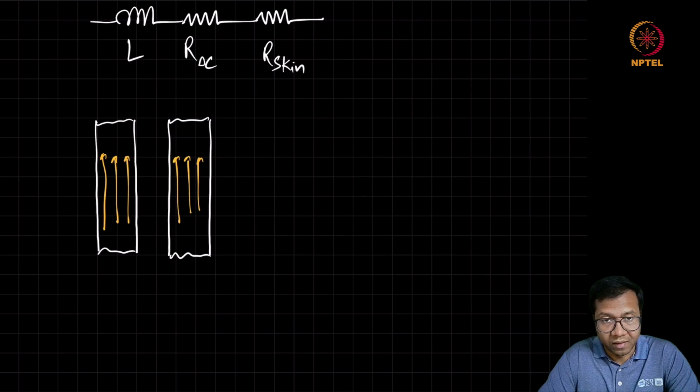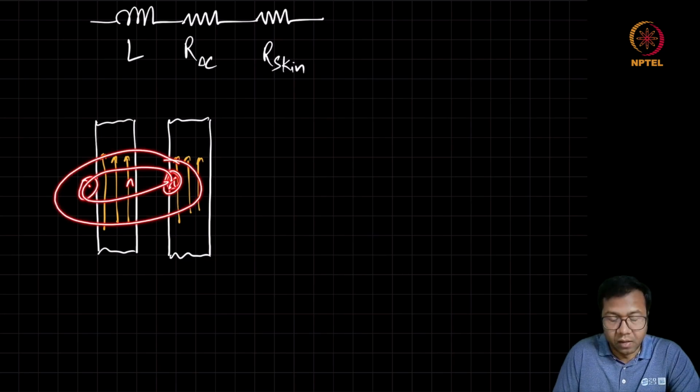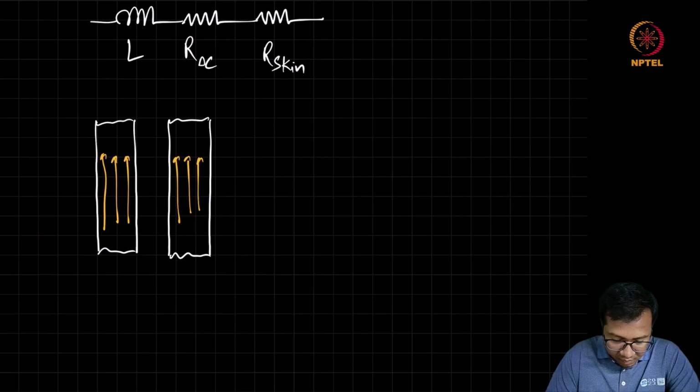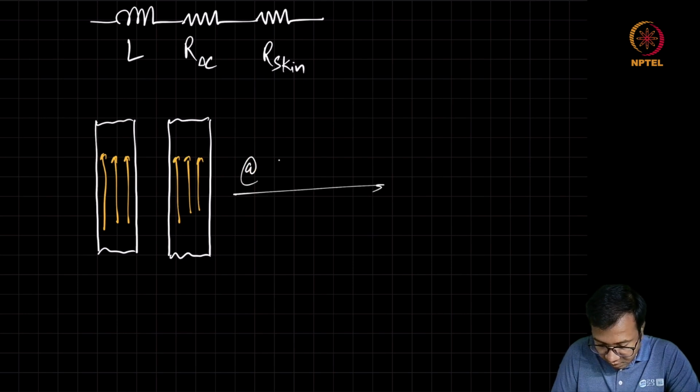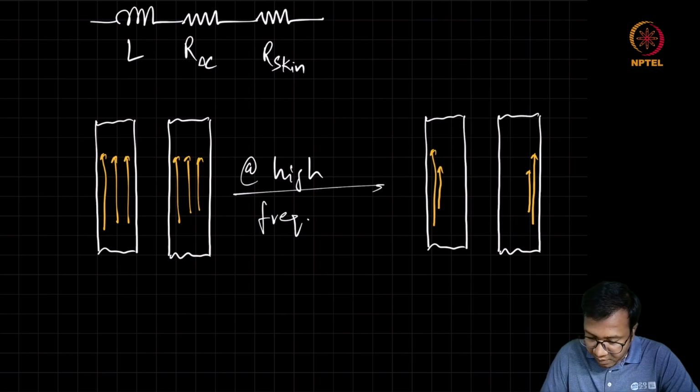As the frequency increases, again, these currents are going to create their own magnetic field, and as a result of this magnetic field, it is going to induce some eddy currents in the neighboring conductor, and the end result is at high frequency, if the currents are flowing in the same direction, they tend to crowd away from each other.